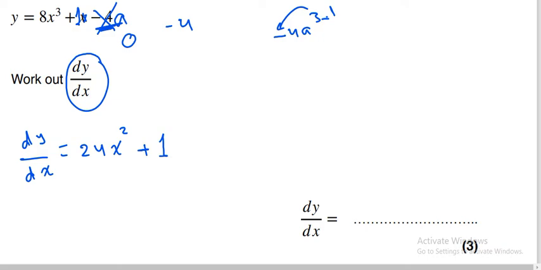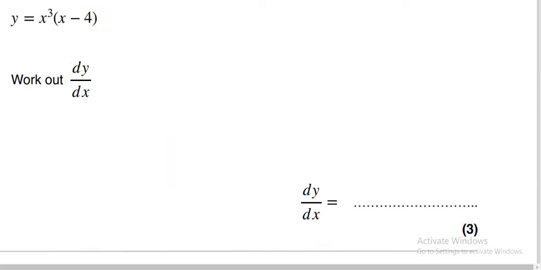Pay attention, we apply the rule on the variable, x is the variable. We apply the rule of differentiation on the power of the variable, which is x, not any other letter. So here this term equals 0, then this is the answer.